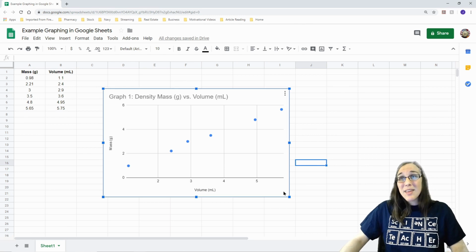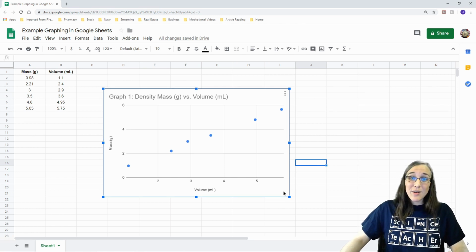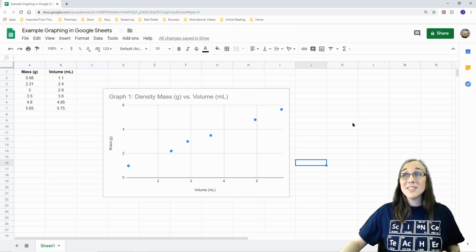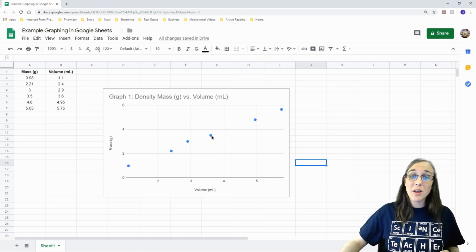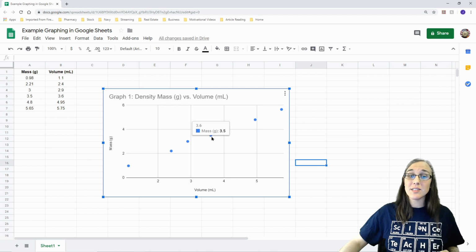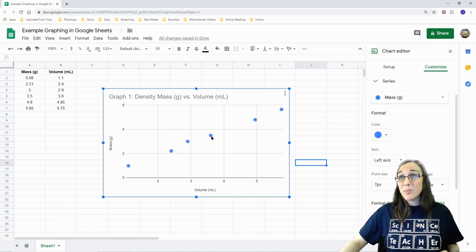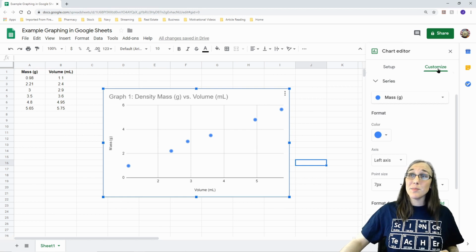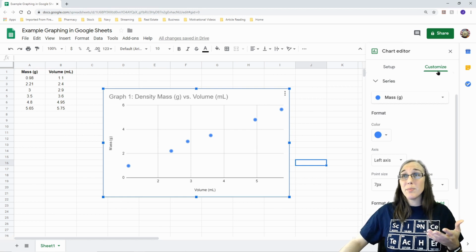And in order to do that, we need to find a trend line for our data points. In order to insert a trend line into your graph, you're going to go on any one of your data points. So you can just hover over one of these data points and double click on it. If you double click on it, you should open up the Customize bar. You can also just open up your general chart editor and go to Customize.